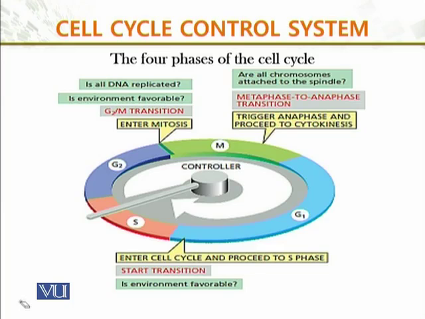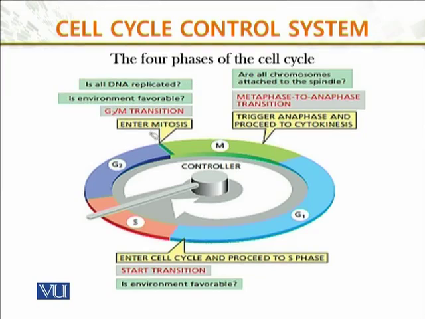Before S phase, the cell decides whether to enter the cell cycle and proceed to S phase, then it goes to G2, where it checks whether all DNA is replicated. If the answer is yes, then the cell keeps on producing and keeps on its cycle of replication.